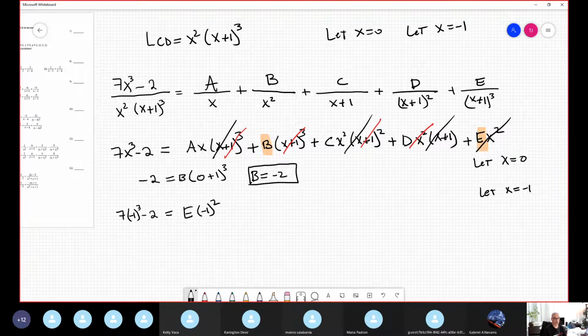So -1 cubed is -1, so it is -9, no? It is equal, -1 squared is +1, so E is -9. The rest of the parameters, so we found, we have in my hand -2 and -9.